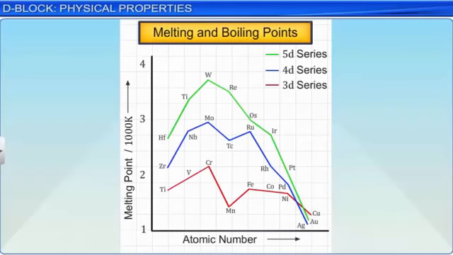Melting and boiling points. The melting and boiling points of the transition elements are generally high. The melting points of 3d, 4d, and 5d transition metals are depicted in the figure here.